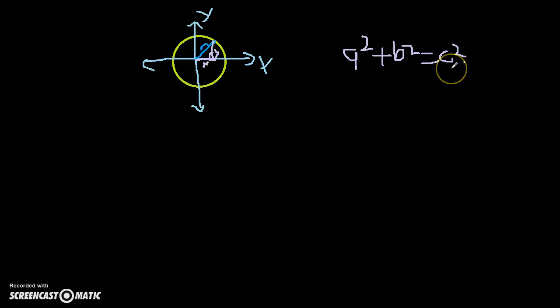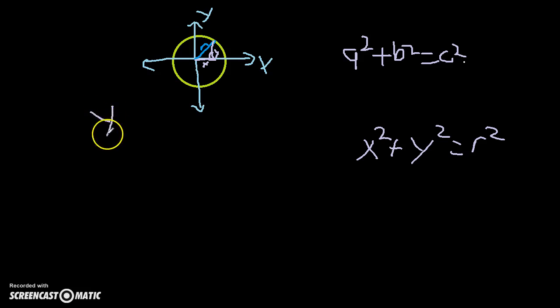And now we substitute them, and we get x squared plus y squared equals r squared. Now, let's form this into a function, because y is the dependent variable, so let's make it into the function y equals the square root of r squared minus x squared, and you can verify that that's the way to do it.